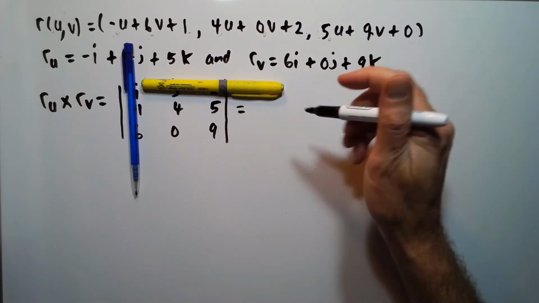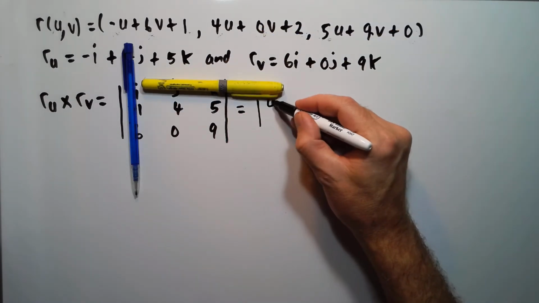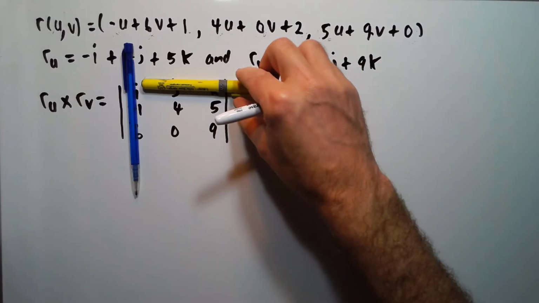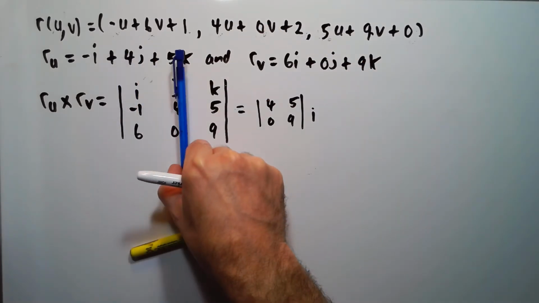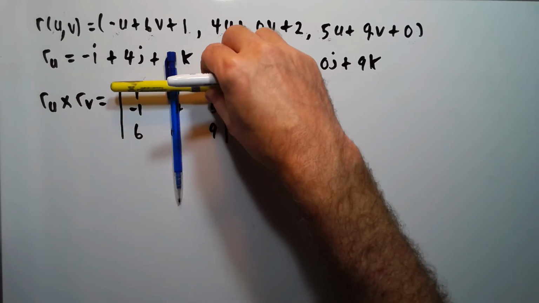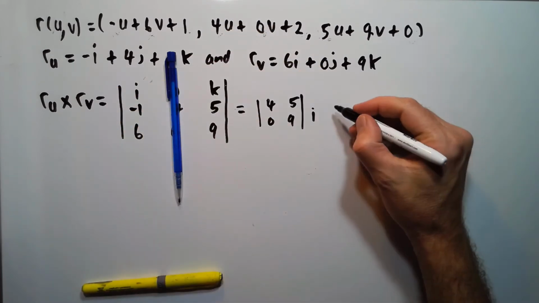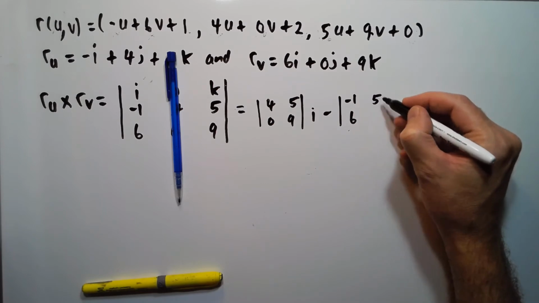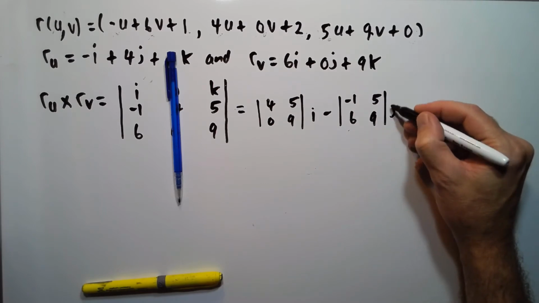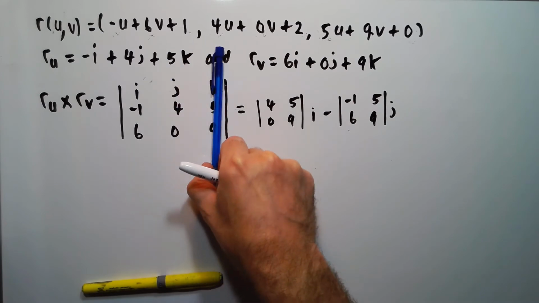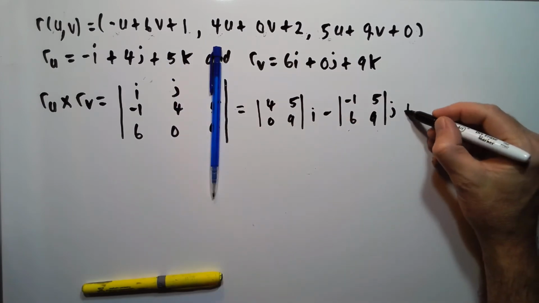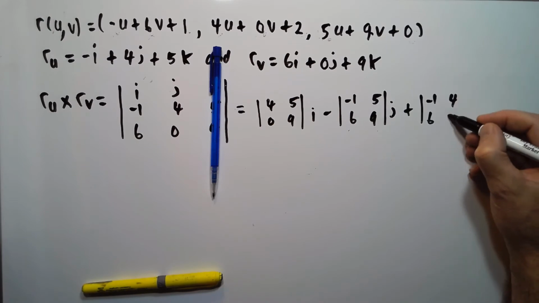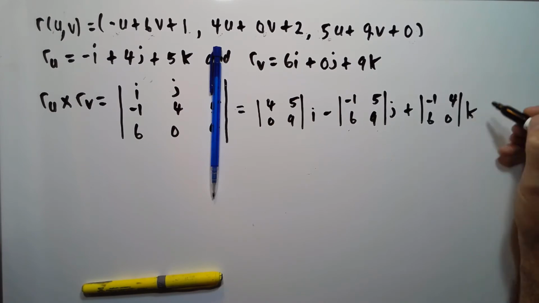So you'll have that 2 by 2 on there: determinant of (4, 5; 0, 9) times i. Then for j, take away that column and that row, so it'd be minus determinant of (-1, 5; 6, 9) times j. And for k, plus determinant of (-1, 4; 6, 0) times k.